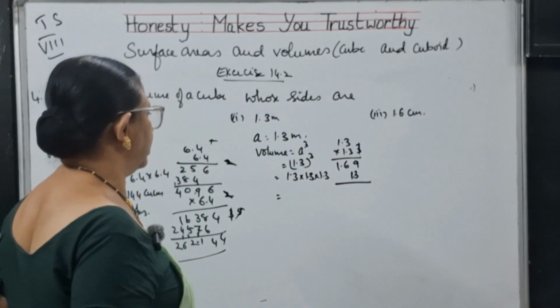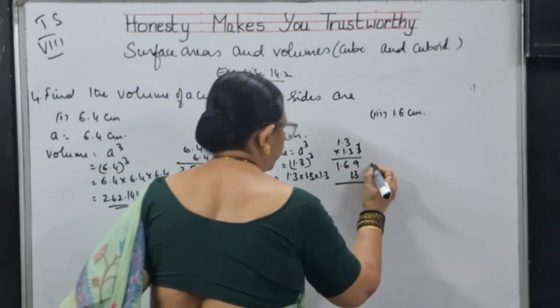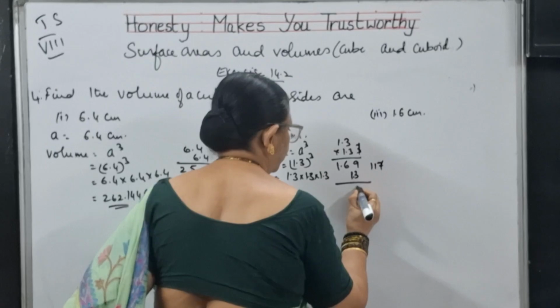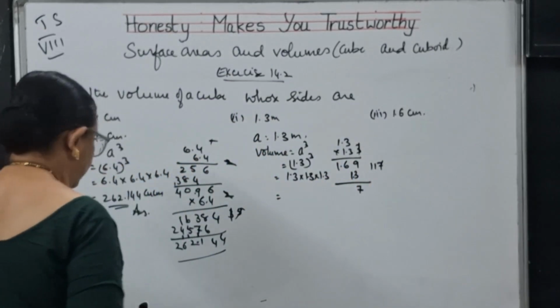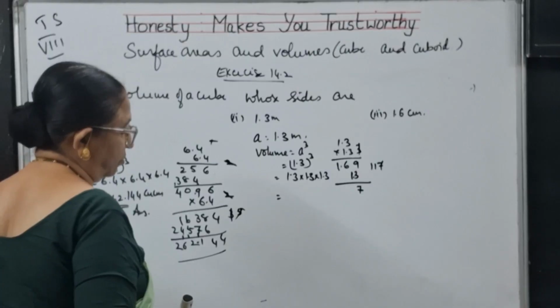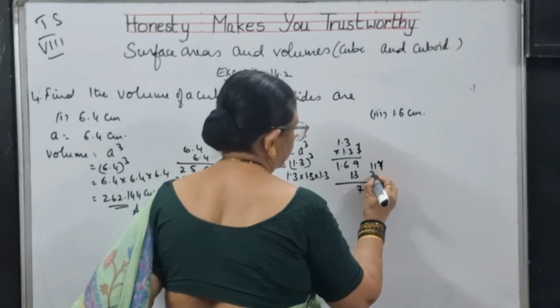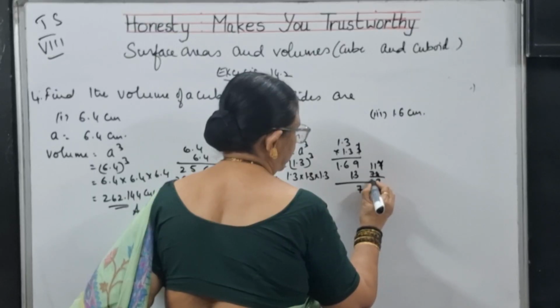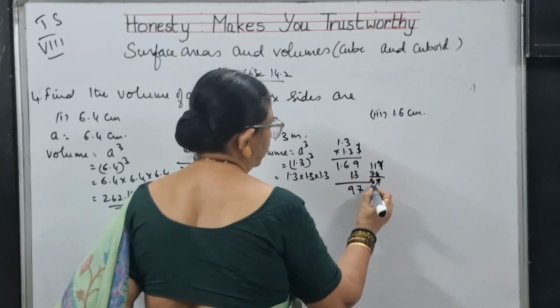We can go for the 13 table directly. 13 nines are 117, 13 sixes are 78, 13 ones are 13.